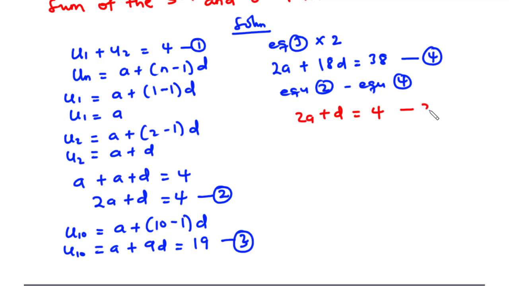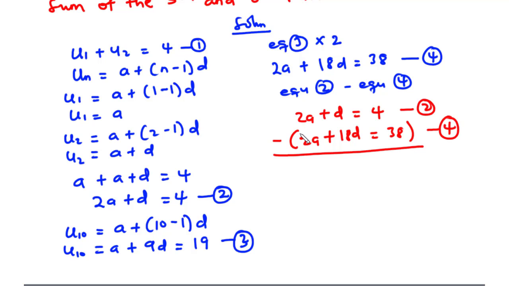And then minus, we have 2a from equation 4 plus 18d equals 38. Now 2a minus 2a is 0, and then d minus 18d is negative 17d, and 4 minus 38 is negative 34.